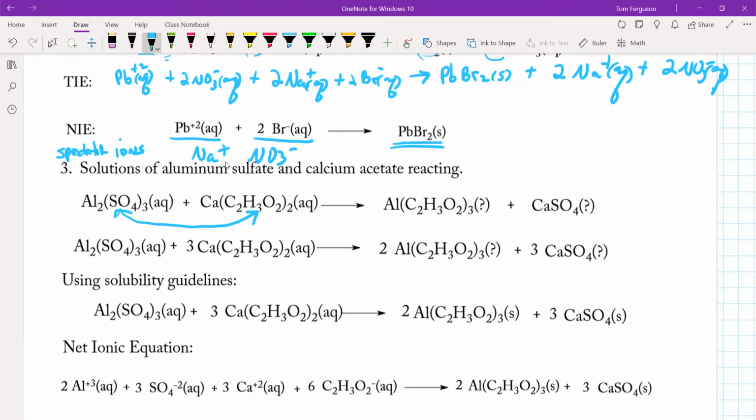So we end up with aluminum acetate and calcium sulfate.